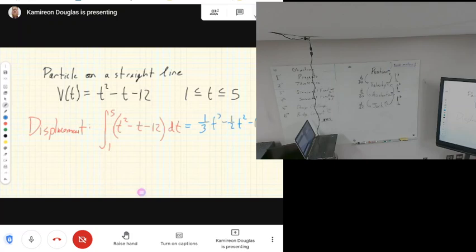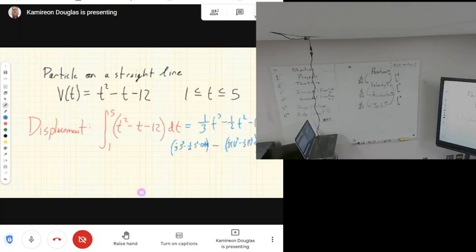So I do 1/3 of 5 cubed minus 1/2 of 5 squared minus 12 times 5, minus 1/3 of 1 cubed minus 1/2 of 1 squared minus 12 times 1.